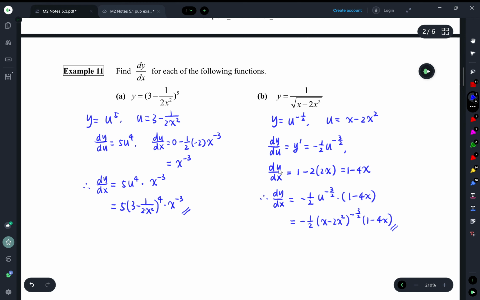Second function, du dx, is 1 minus 2 times 2x, equal to 1 minus 4x. The final answer, dy dx, is dy du, write it down, and then du dx. Write it down. The final answer, you replace u with x, and that's how. That's how.